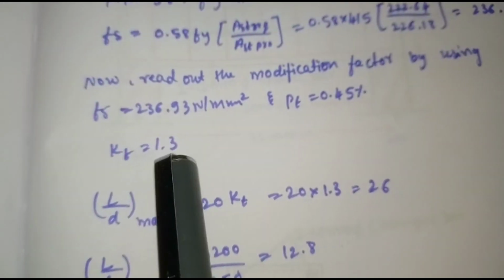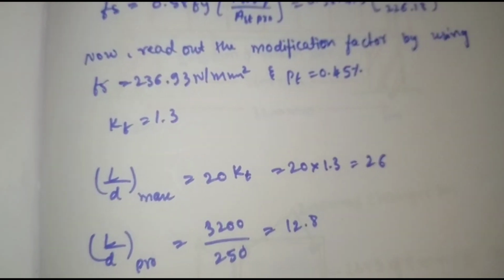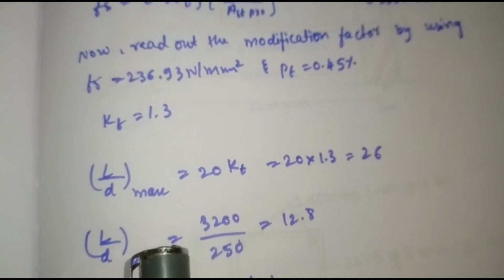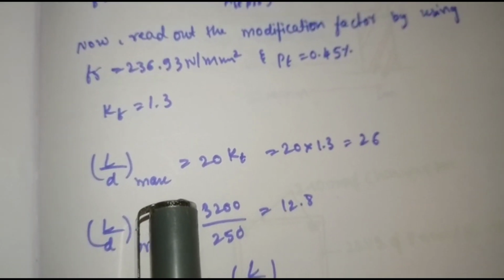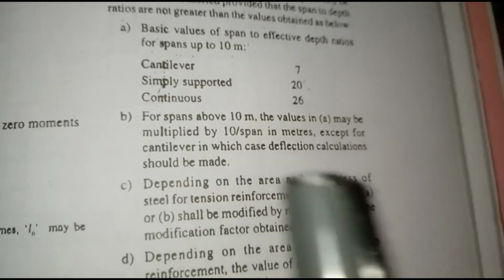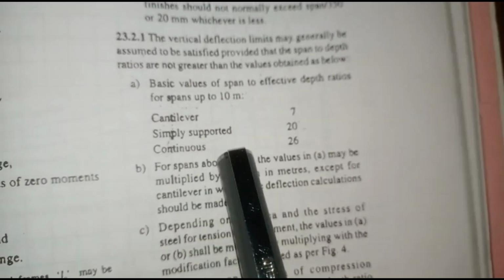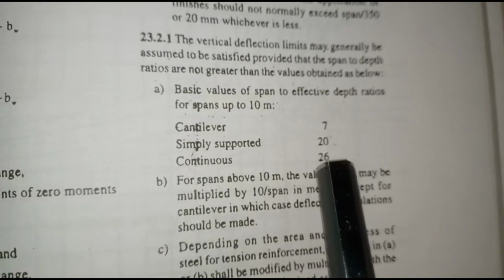So next step is to go for the deflection control. If you remember the formula which I have shown for the calculation of the effective depth, L by D ratio, so I will show again. From page number 37, for simply supported beam, they have said L by D ratio should not be greater than 20.